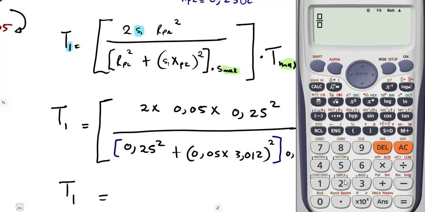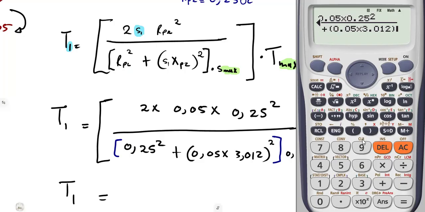You put this 2 times, that's 0.05 times 0.25 squared over, since there's a mother bracket containing everything, open a bracket, then write 0.25 squared plus these two, which are inside a smaller bracket. You can open it like this, 0.05 times 3.012.